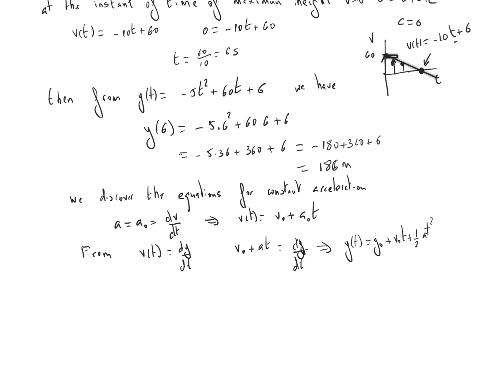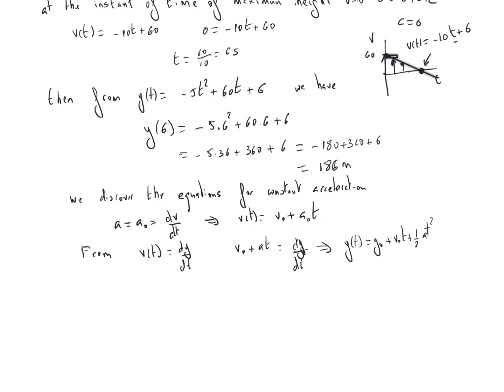So we discover the equation that governs a motion with constant acceleration. When the acceleration happens to be constant, a0 is the derivative of v with respect to t. So if we wonder who is v of t, whose derivative is a constant, it is this function v0 plus a0 t. If you don't believe me, you take the derivative here.